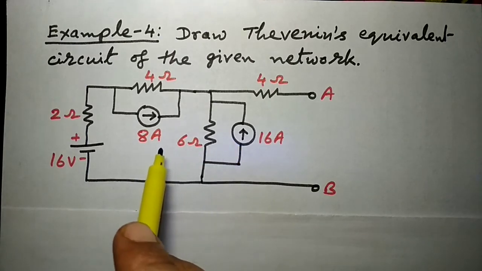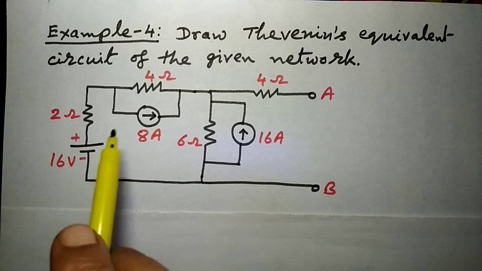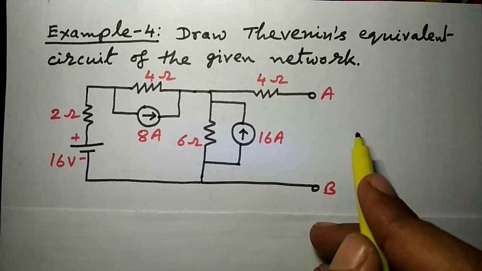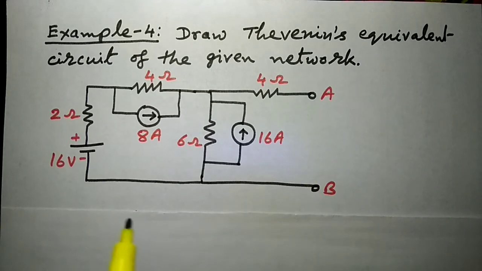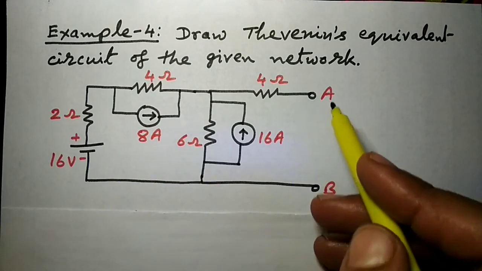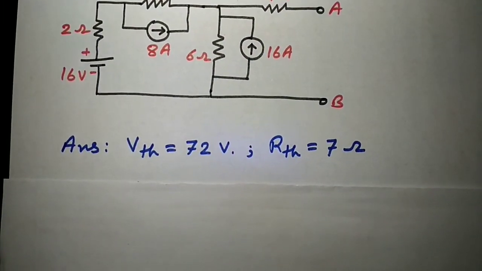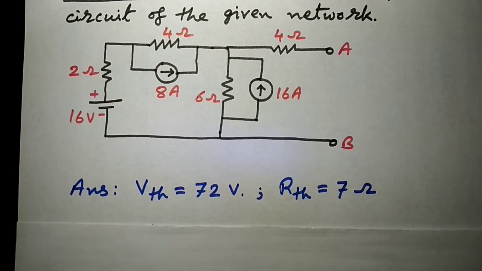So when we calculate the RTH, you have to short circuit the voltage source terminal and you have to open the current source terminal, and then you have to calculate RTH from the open load terminal. And similarly, you have to calculate the voltage drop between A and B. So the answer of this question is VTH is 72 volt and RTH is 7 ohms. So try to solve this question and find the values.